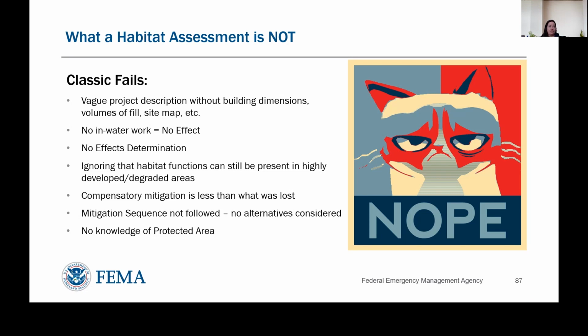Ignoring that habitat functions can still be present in highly developed, degraded areas. That's a really important one. Just because a site has seen agricultural use for decades, or maybe it's already pretty developed, there's already a lot of impervious surfaces, whatnot. There may be sites at which not all of those key habitat components are in place and functioning, but there's always going to be something there.